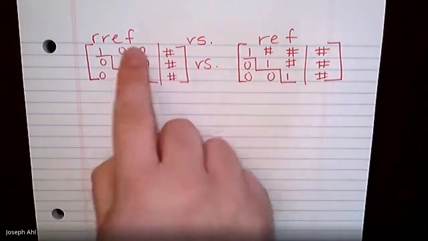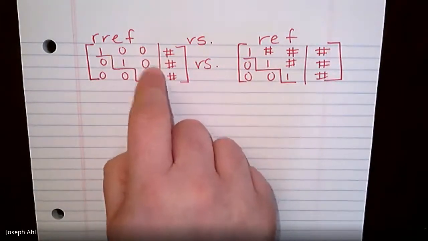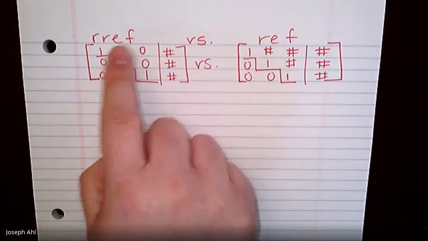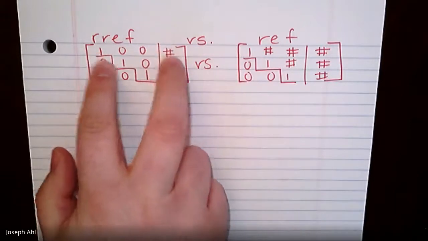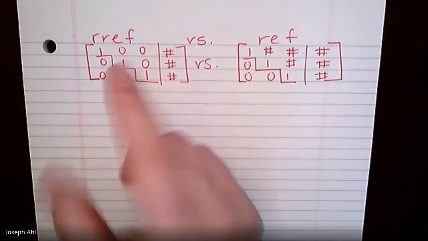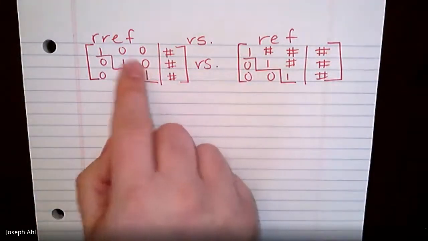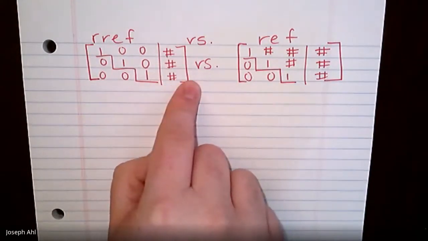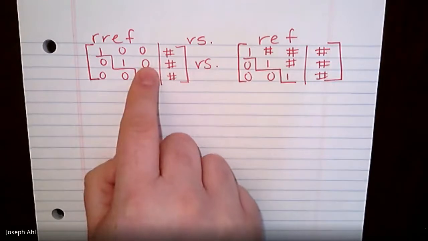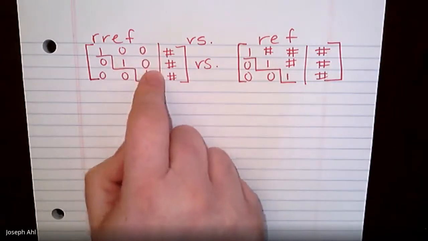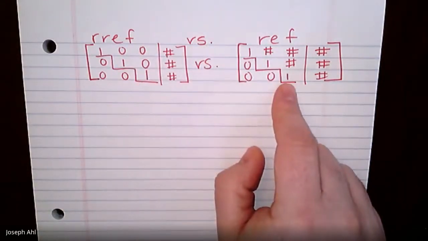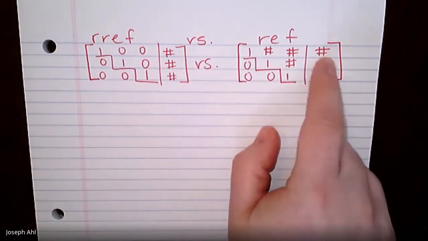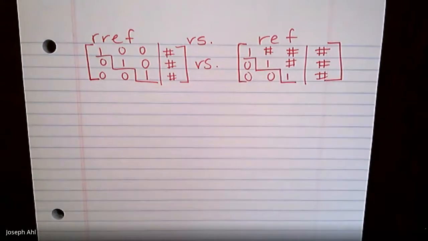If you're willing to put in that extra effort to make the zeros above and go to RREF, you directly have the values for x, y, and z right away. So that's kind of nice that if you do put it in this form, x equals this number, y would equal that number, and z equals this number. But it would be a lot more row operations to get all those zeros there. So I typically would say stop in REF, find the value of z, and then do that back substitution process.